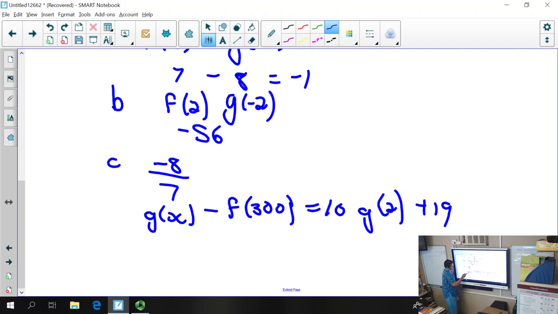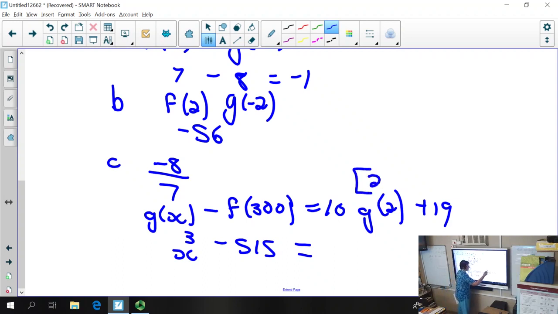So here I start with g(x), which is x to the power of 3, and I put it into the original one. Is equal to 2g, what is 2g? 2x to the power of 3, isn't it? And then I multiply it with a 10, which is then 20.